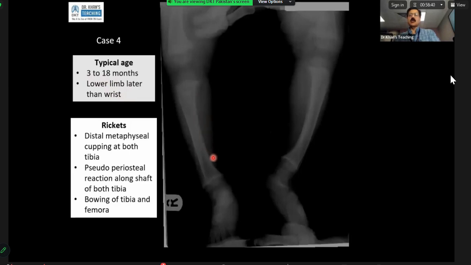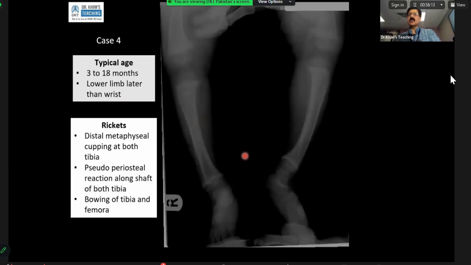This is normal bone metabolism. So what happens in rickets, that this new bone, which we call osteoid, is deficient of calcium and appears loosened. So the periosteum is high density and the new bone formation is low density, and it can give you a pseudo periosteal reaction. It is a pseudo finding.